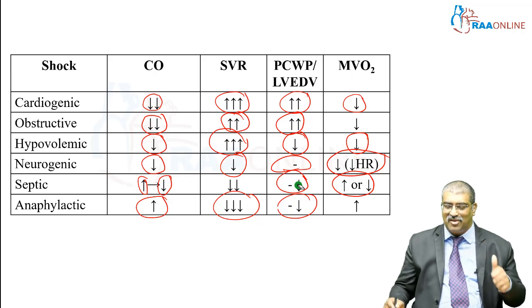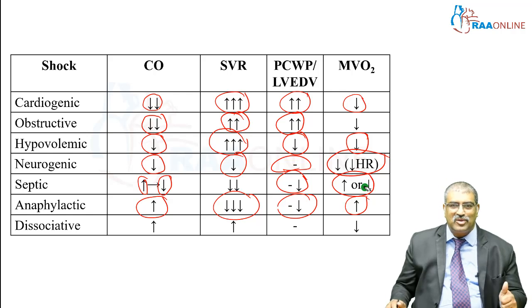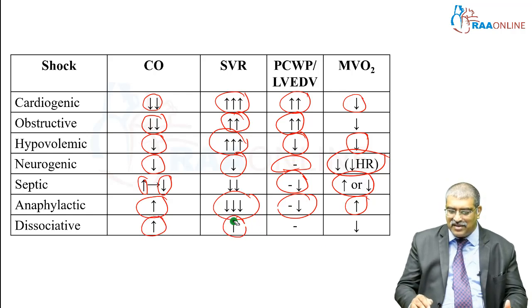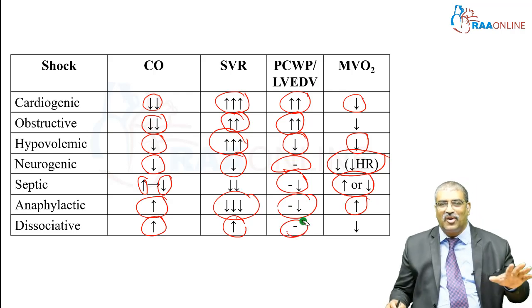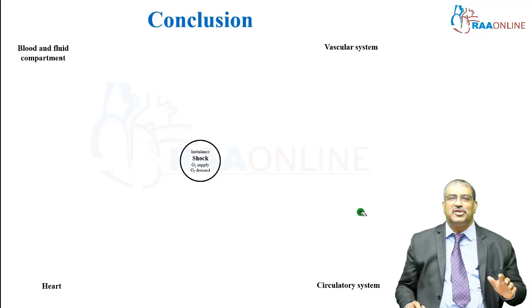Your mixed venous oxygen saturation will be normal or high. In dissociative, your cardiac output is increased, SVR is slightly increased, your pulmonary capillary wedge pressure is not altered, and the mixed venous oxygen saturation is low. These are all the hemodynamic changes with various types of shock.